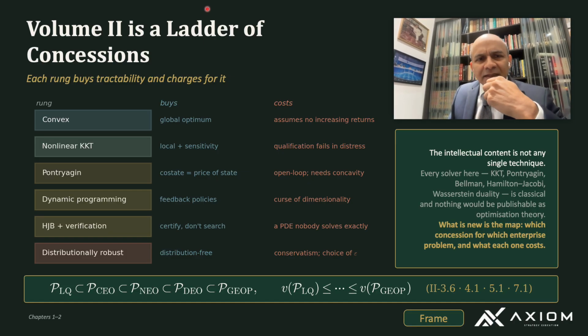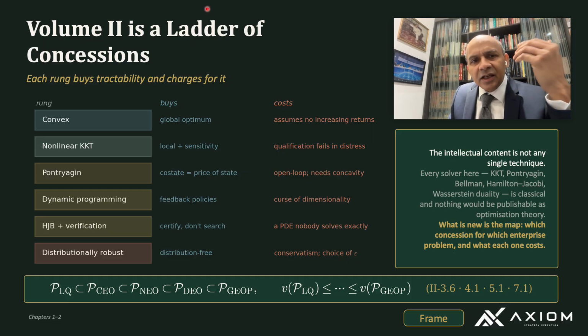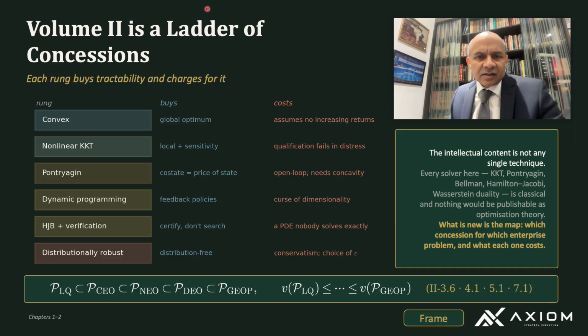So convex optimization, for example, buys a global optimum, but at the cost of assuming a convex structure, which rules out many increasing returns or non-convex enterprise effects. Nonlinear KKT methods buy local optimality conditions and sensitivity analysis, but constraint qualifications can fail precisely in distressed or degenerate situations.